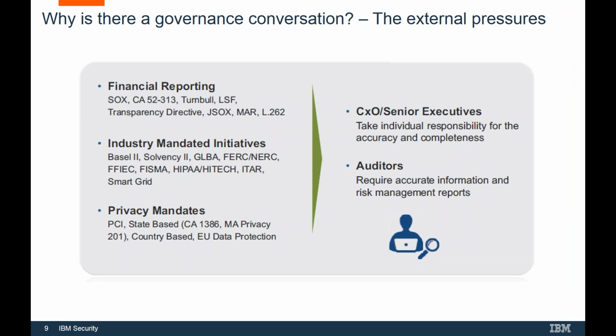So where does the governance component come into the conversation? Well, from a financial reporting perspective, for instance, or industry mandates or privacy mandates, there are a lot of industry requirements now that require us to show proof or evidence that we are meeting control requirements. There's an exorbitant number. Many organizations have to comply with numerous mandates, as well as our own security policies.